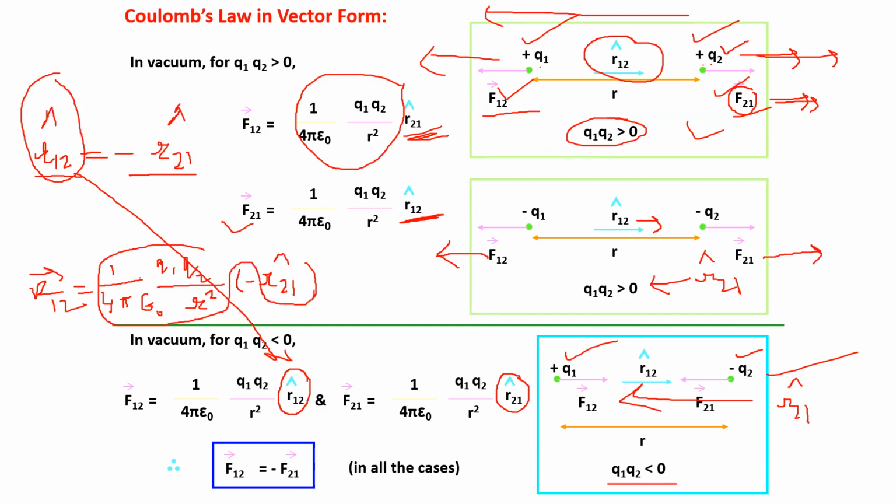So it means F12 is equal to negative of F21. F12 is negative of F21. This shows that the force between the two charges obeys Newton's third law of motion.